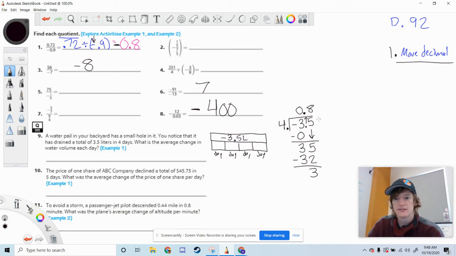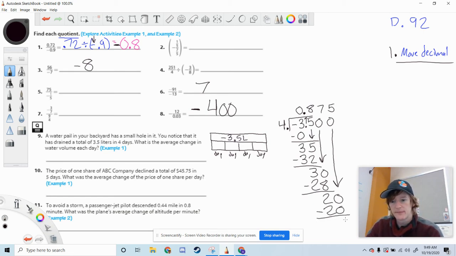Well, I'm not done, so I've got to add a 0 and bring another 0 down. 4 times 7 is 28. Subtract. 30 minus 28 is 2. I'm almost done. I know that 4 times 5 is 20. And that marks our end here.